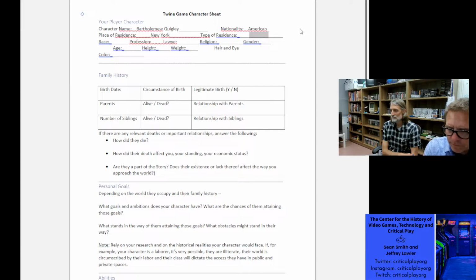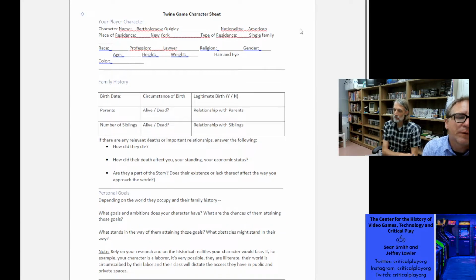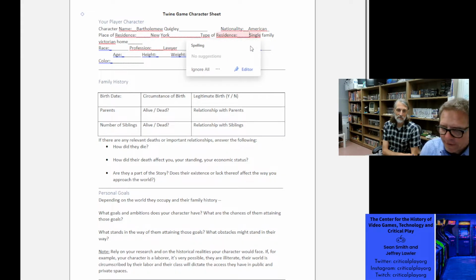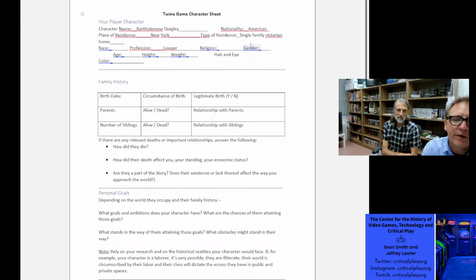If we're imagining him as well off, we'll do a single family Victorian home. He's a little outside the city. He has to take his carriage into the city. Okay, type of residence: single family Victorian home.